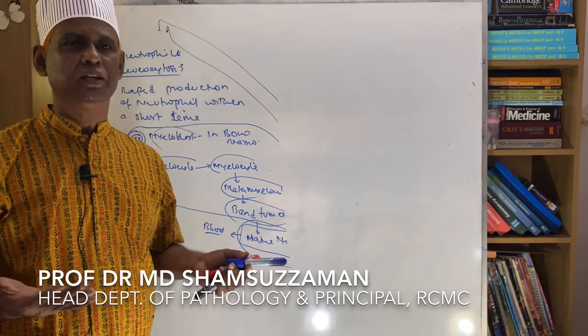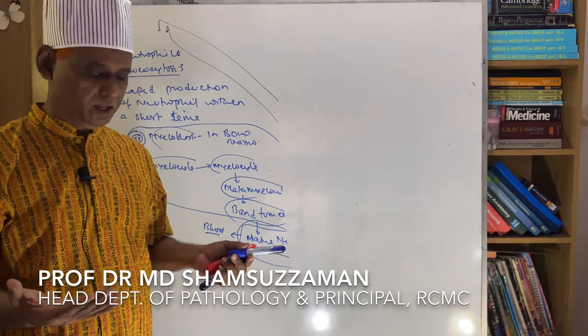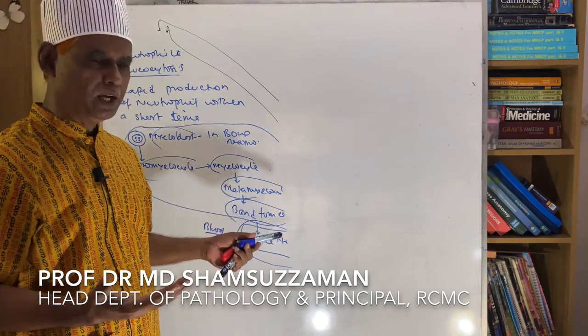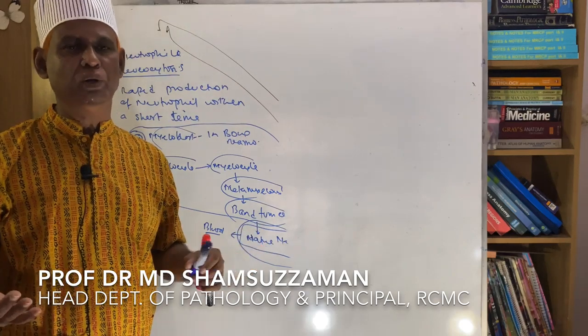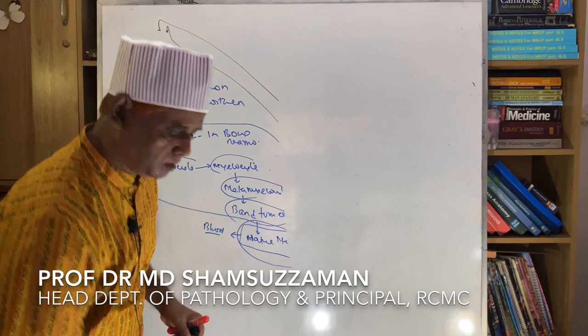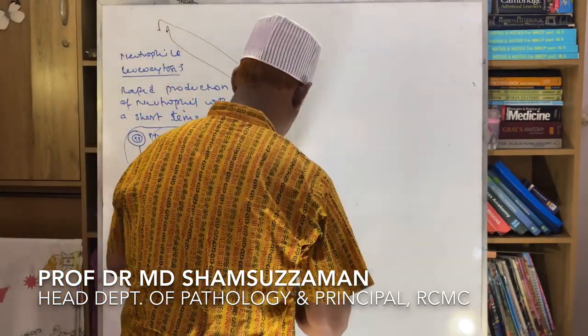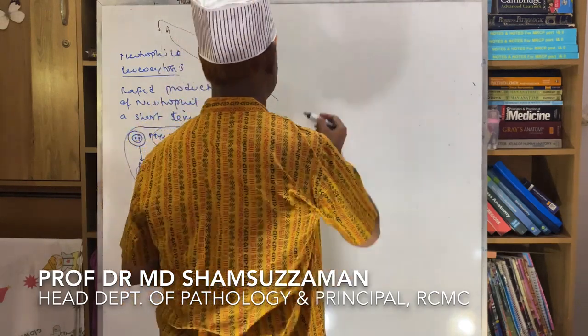So clinically the patient resembles leukemia, blood picture suggests leukemia, but if we do bone marrow of that patient, bone marrow will not suggest any leukemia. So this is myeloid leukemoid reaction. Now come to lymphoid leukemoid reaction.